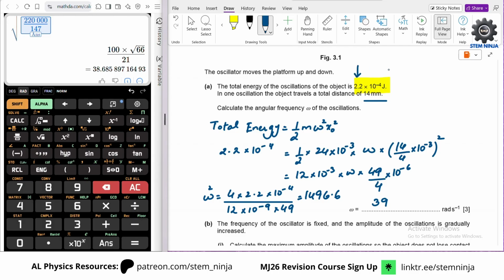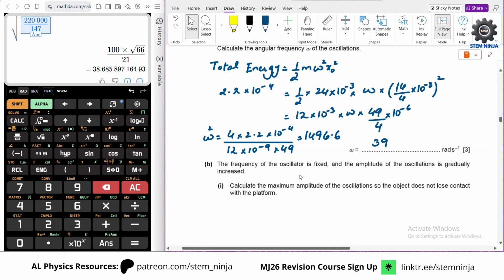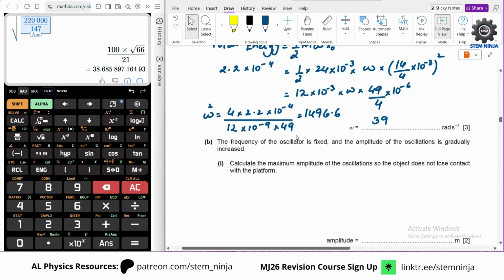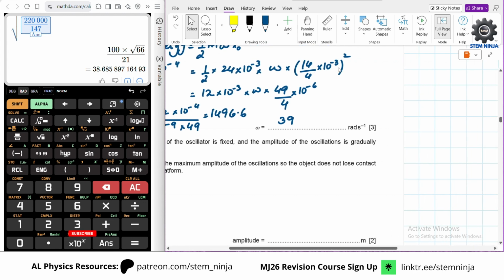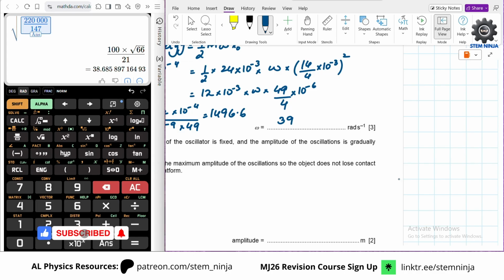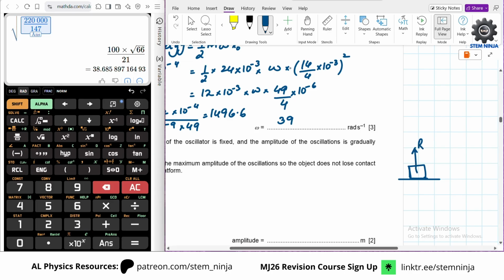Two significant figures. Frequency of the oscillator is fixed. The amplitude of the oscillations is gradually increased. Calculate the maximum amplitude of the oscillations so that the object does not lose contact with the platform. So that will only happen if we maintain contact with the platform. That means there is a normal reaction force always.